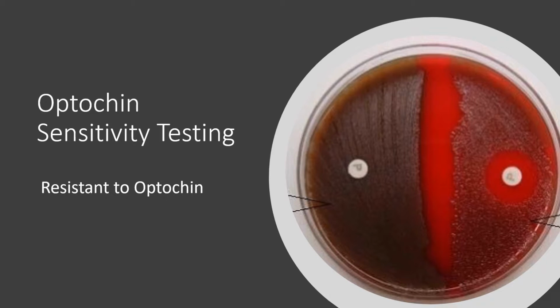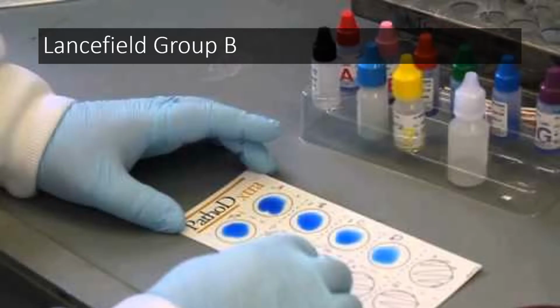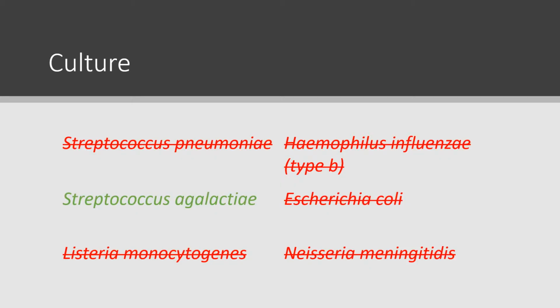If it's resistant to optochin, and if it tests positive for group B in the Lancefield Group B test, it's probably Streptococcus agalactiae or Group B strep. Test on penicillin and vancomycin first, and from the penicillin results, you can infer ceftriaxone, cefotaxime, and ampicillin.